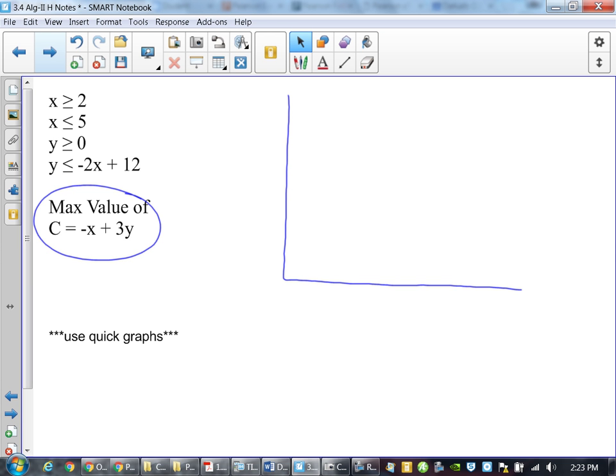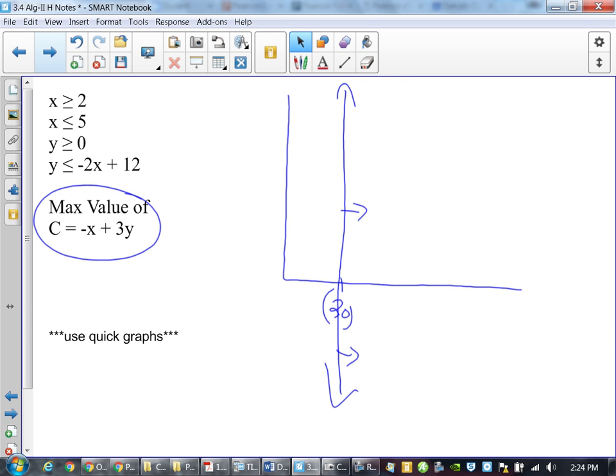So anytime you see x is equal to a number, what direction is the line moving? X equals a number are always vertical lines. Okay? So if x is greater than or equal to 2, well here's 2, 0, and it's greater than or equal to that, which means it's going to the right.